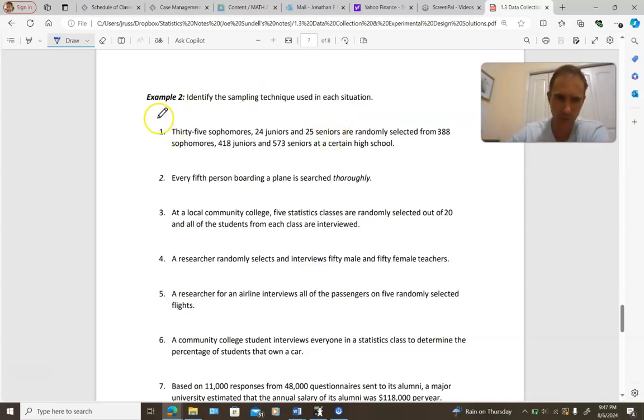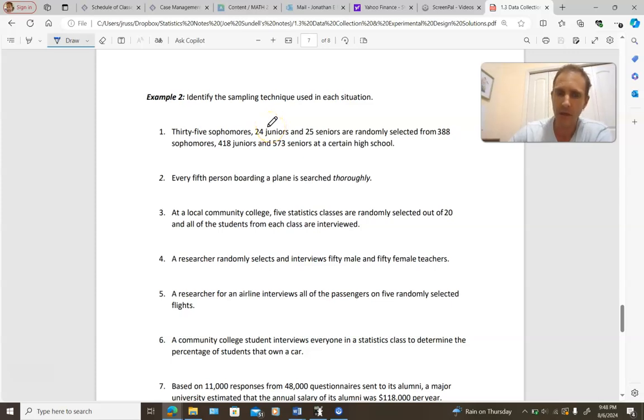All right, so number 1. It says 35 sophomores, 24 juniors, and 25 seniors are randomly selected from 388 sophomores, 418 juniors, and 573 seniors at a certain high school. So each of these is a subset, and I would go with stratified sampling here.